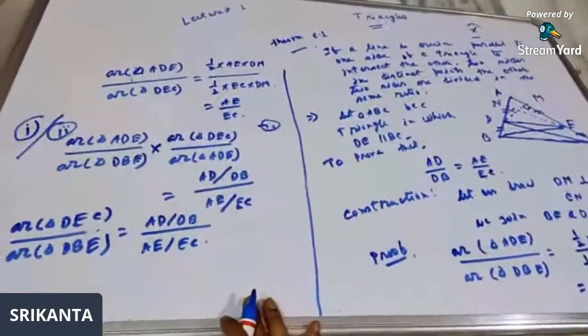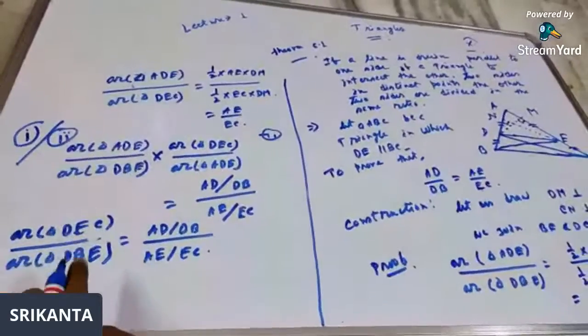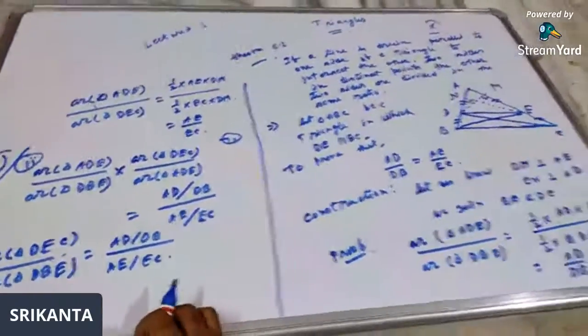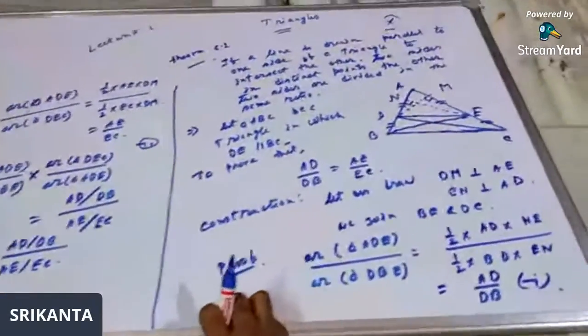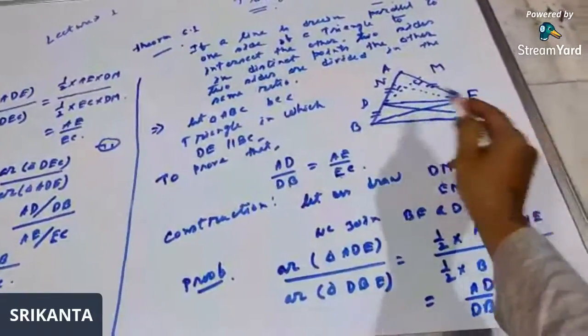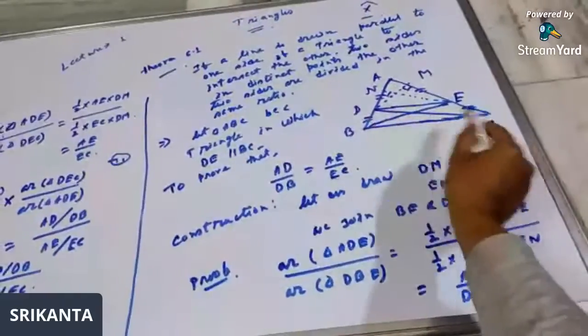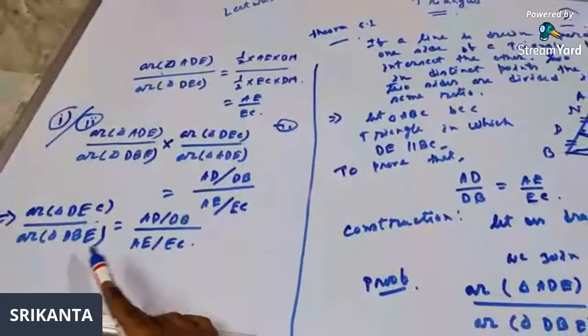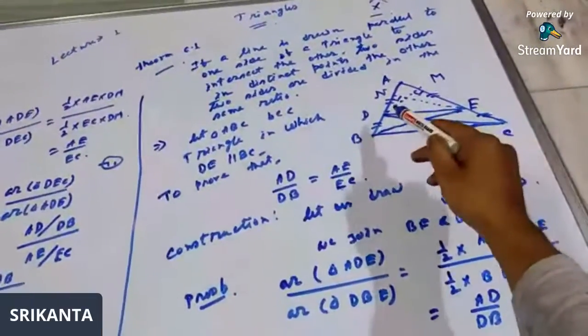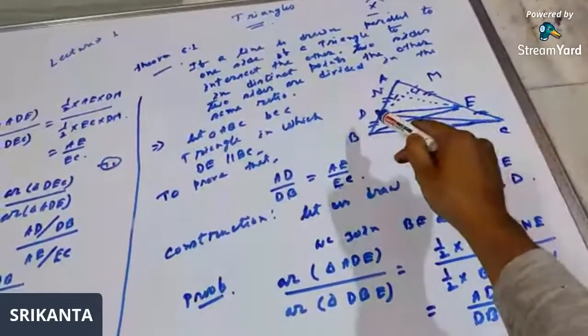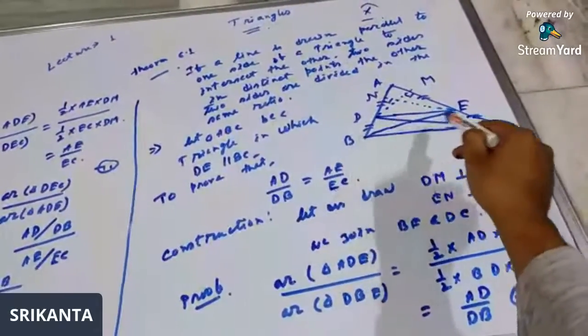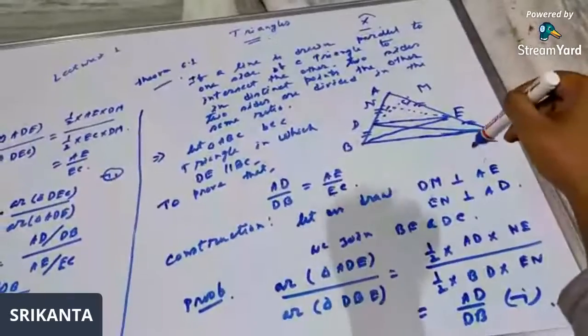Now understand this one. Let us see these two triangles, DEC and DBE. DEC, that means this triangle. That's why we have joined this line DC. And next we have triangle DBE, this is what we have, right? Now understand this.